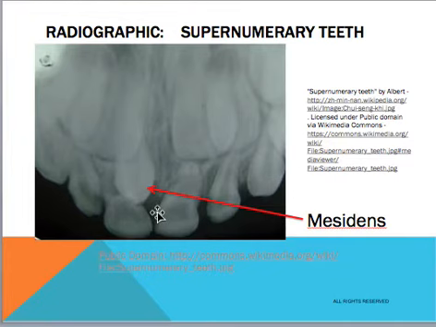A supernumerary tooth that is between number 8 and 9 is called a mesiodens. So if you see this picture on an exam and I ask you the name of this condition, instead of supernumerary tooth, which is correct but more general, I prefer that you respond with mesiodens, because that tells me it's both a supernumerary tooth and also the location, which is typically between 8 and 9.